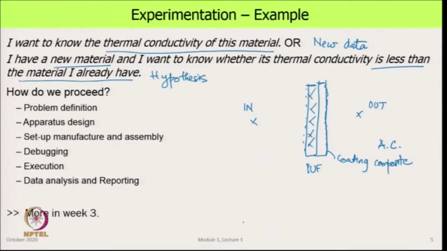This is one example. In food processing, we could ask a very simple thing: what is the thermal conductivity of a vegetable, say a potato? I say, well, why do I need it? Well, I would be boiling it or I would be deep frying it, and the temperature and how long it stays at any point inside the potato will decide how well the cooking has taken place, and that will decide whether it is raw, not fully cooked, what flavor it has got, is it overcooked.